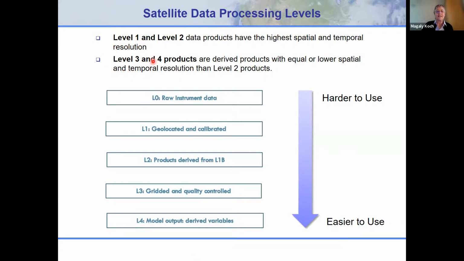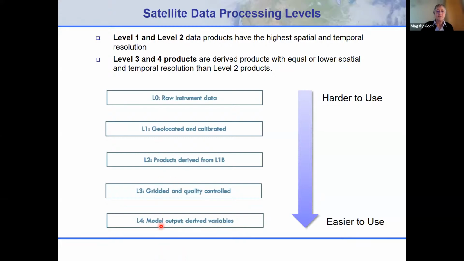From level 1 to level 4. What that means when you visit one of these satellite image archives, whether it's NASA, USGS, or ESA, the European Space Agency, or any other space agency, they will tell you, okay, this is some data from, let's say, a specific sensor like Landsat, but we have different levels.